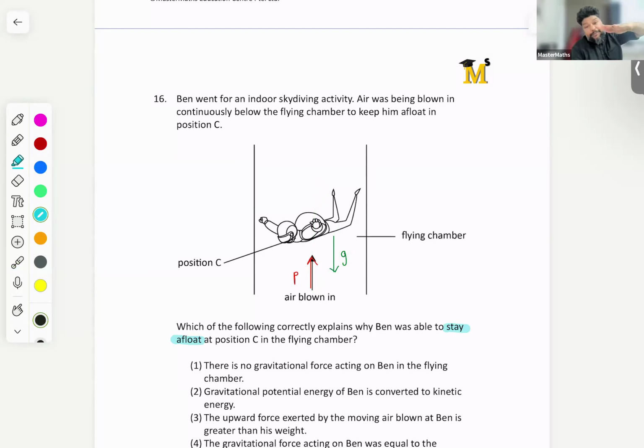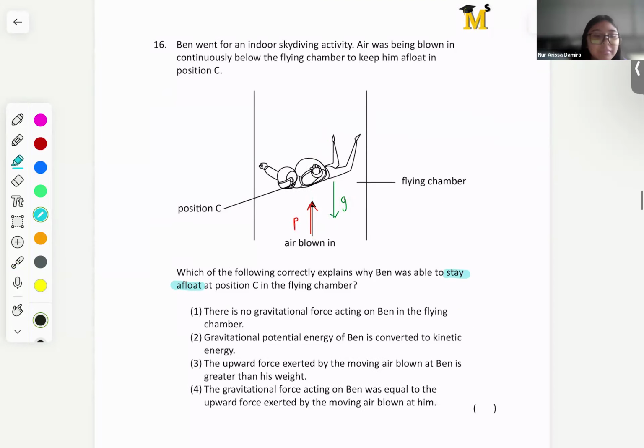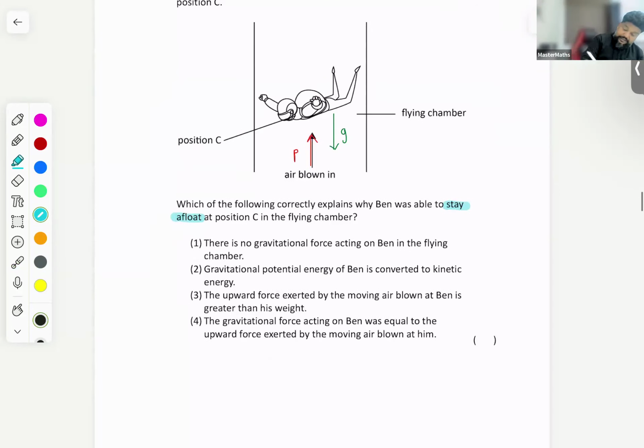He's remaining there, which means both of them are the same. Exactly. So the gravitational force is equal to the push force of the air. Okay? So that is why it is option number 4. So the push force and the gravitational force are the same. That is why he can stay afloat.